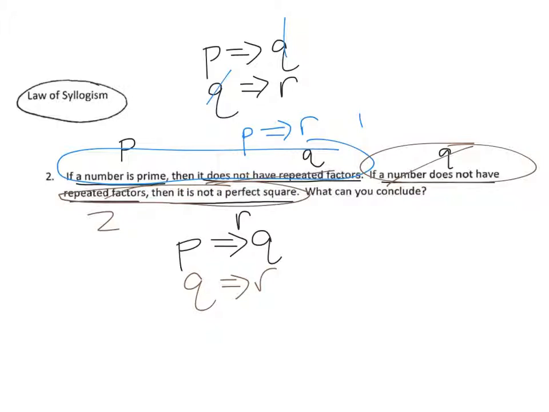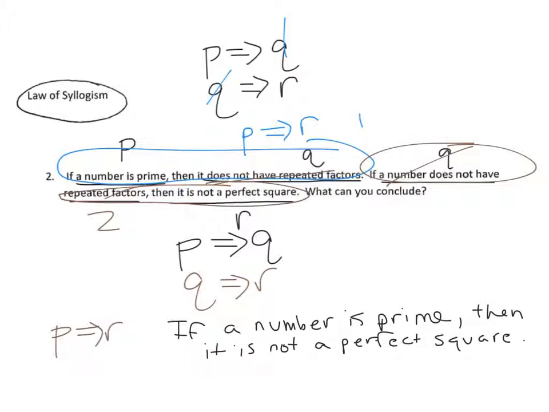So now we can just write P implies R. So I'm going to write it down right now. So I wrote if a number is prime, which was the P, then it is not a perfect square, which is the R. You can just totally get rid of the Q's. That's the law of syllogism. See how it's kind of like the transitive property?